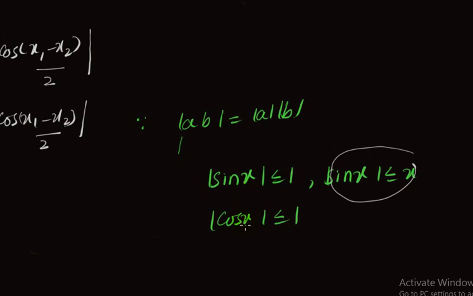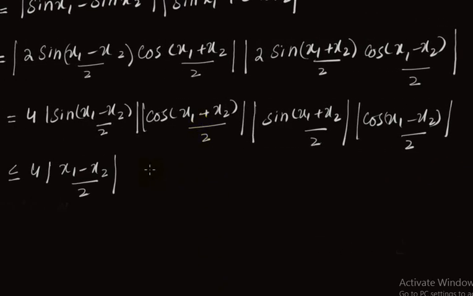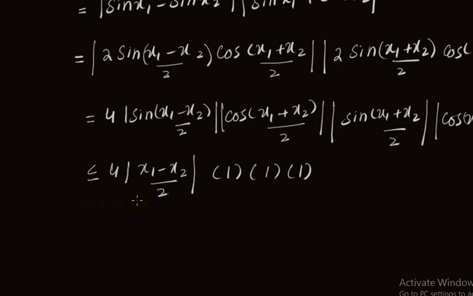Similarly, mod of sine x is less than or equal to 1, and mod of cos x is less than or equal to 1. So clearly we can write it as equal to 2 times mod of x1 minus x2.